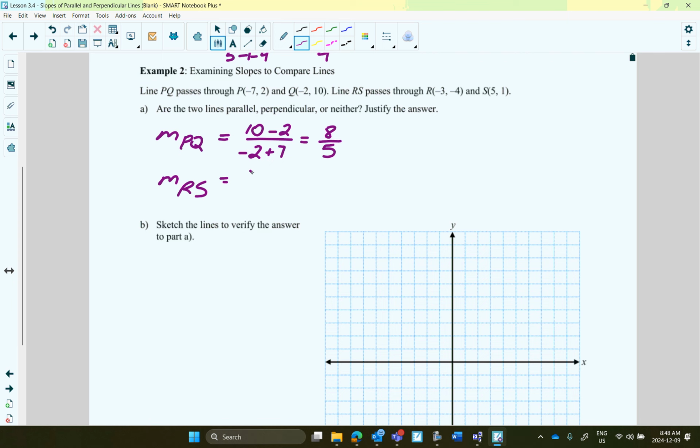RS, second y 1 minus first y negative 4, turns out to be plus, over 5 minus 3. Which gives me 5 over 2. Thank you. It should be 5 plus 3.